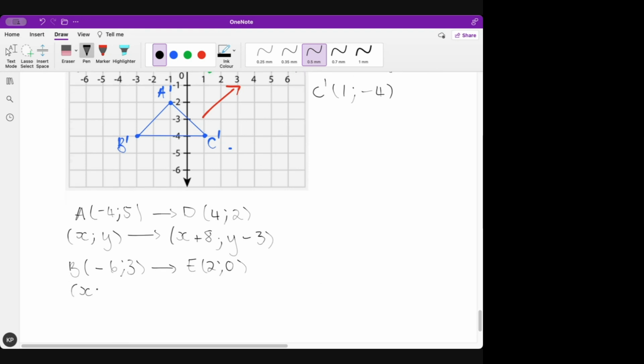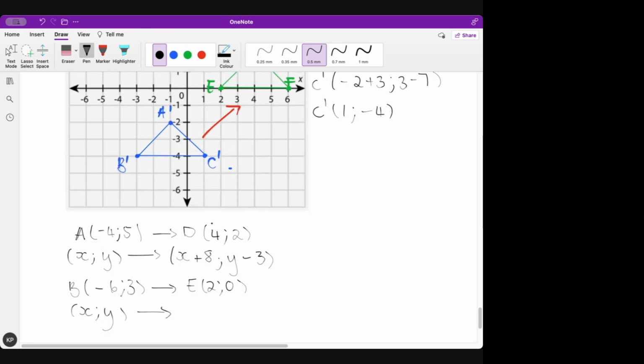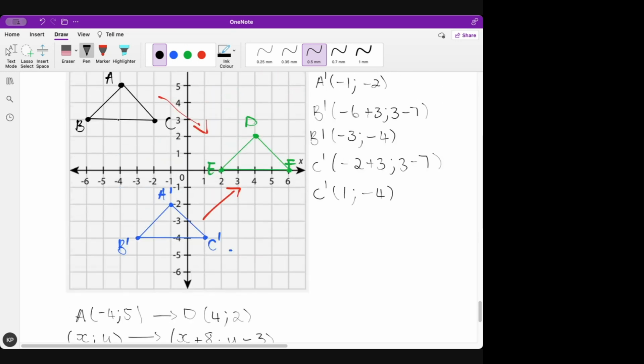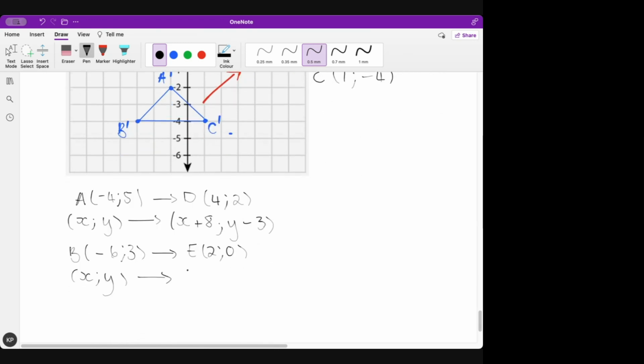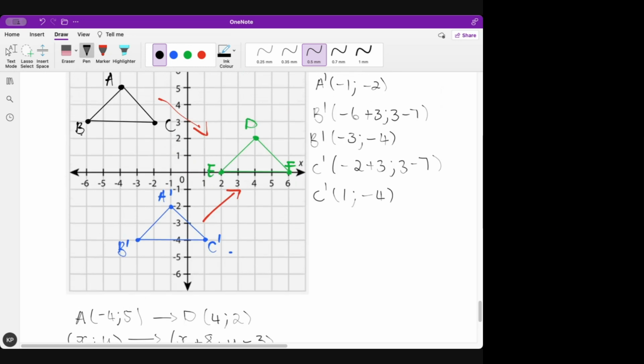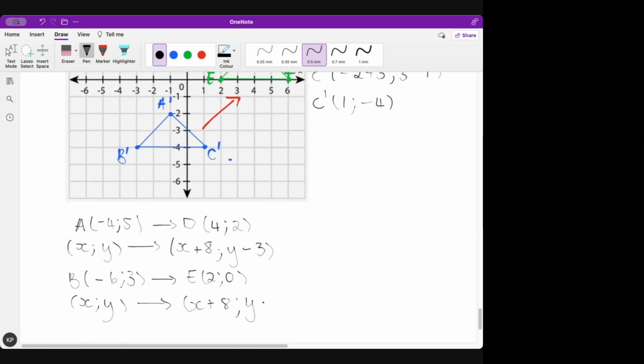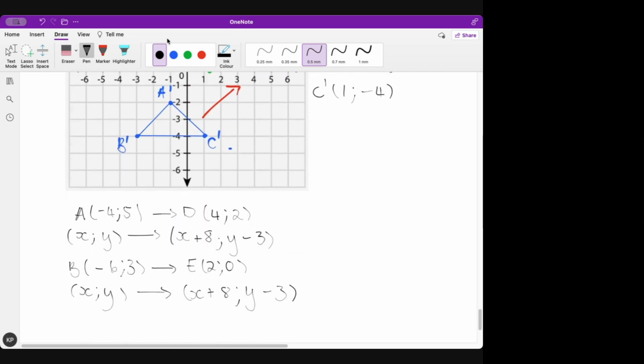We can see from -6 to 2, that will be 1, 2, 3, 4, 5, 6, 7, 8. X plus 8. And your Y? 1, 2, 3, -3. So this is our general rule for that translation.